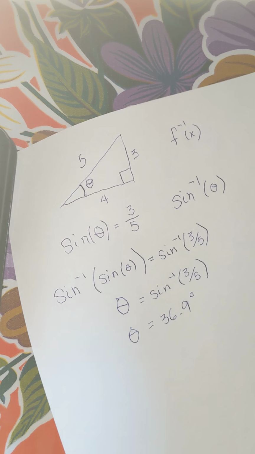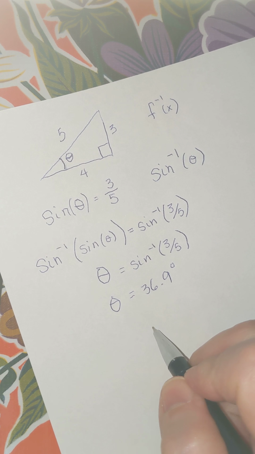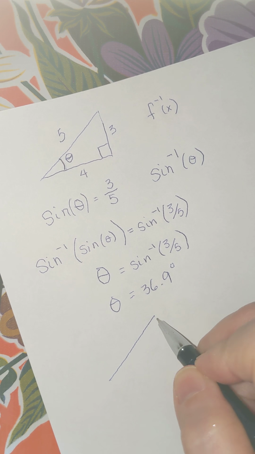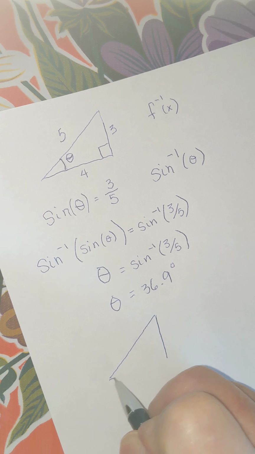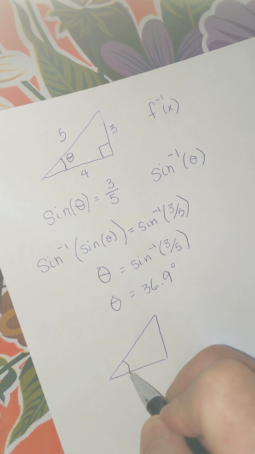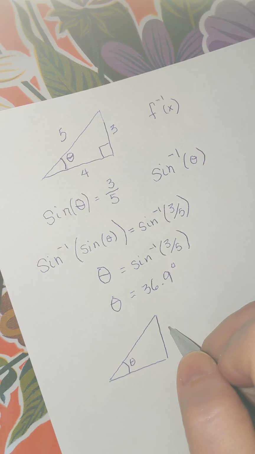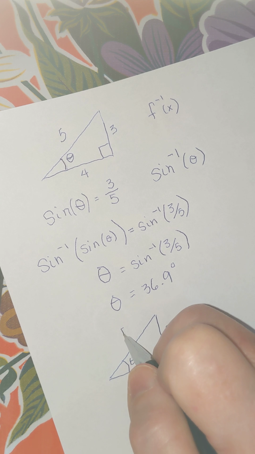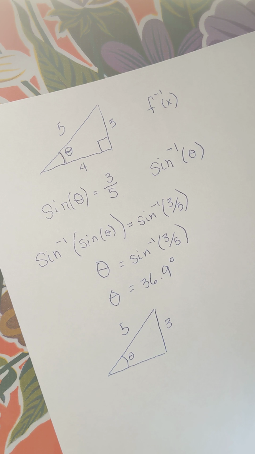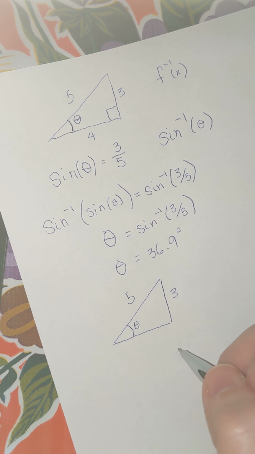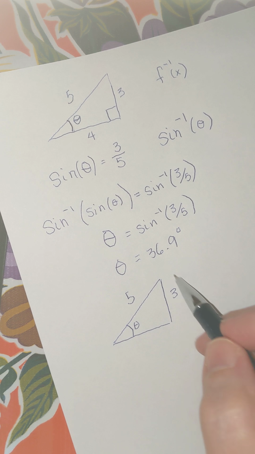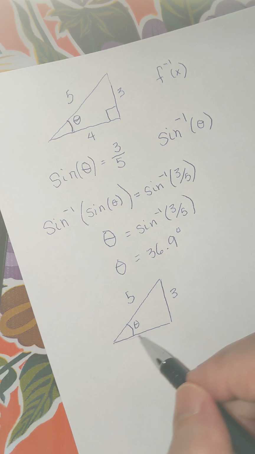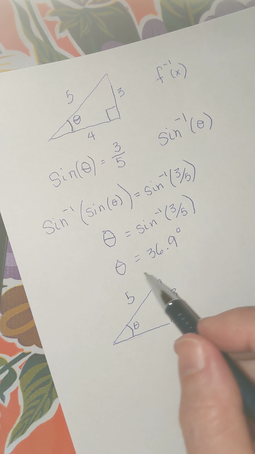Okay. Now, I just want to point out that when we're solving this, it's entirely possible that we'll only have two sides and we'll need to find the angle. So when I talk about how do I know what function to use, well, it's going to be the same as we were doing in our other problems.